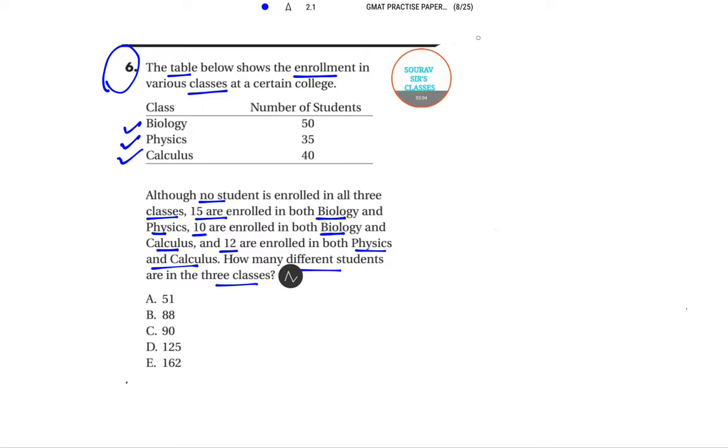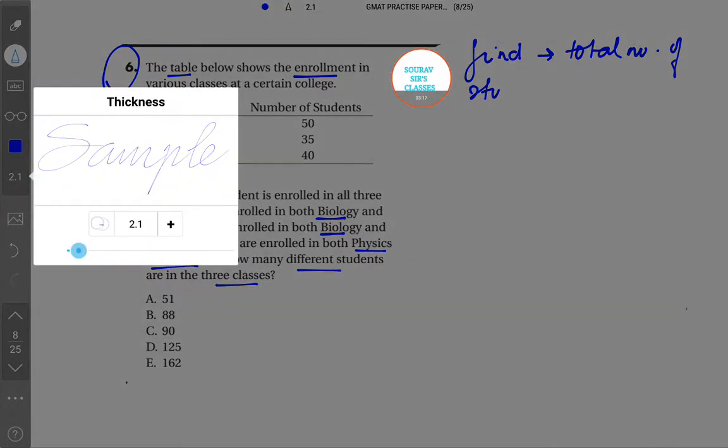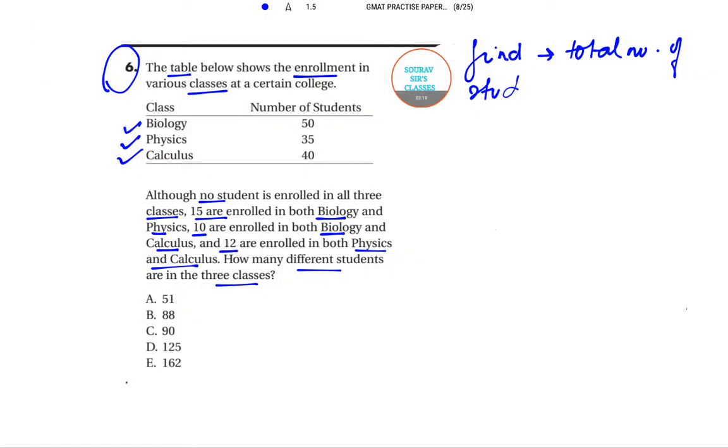So, in order to find the total number of students, let me reduce the ink size a bit. Okay, students, we must separate them into non-overlapping groups.